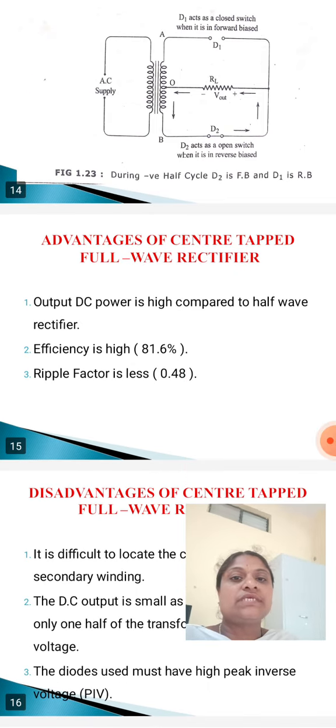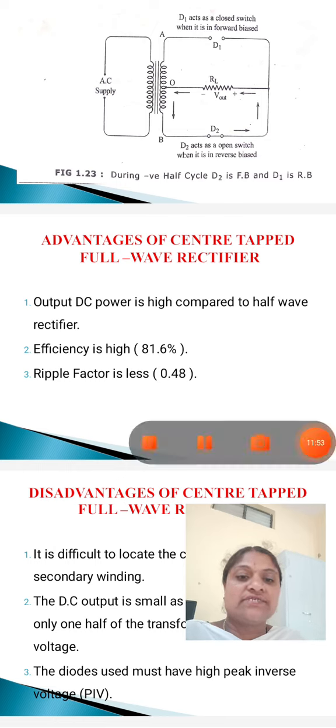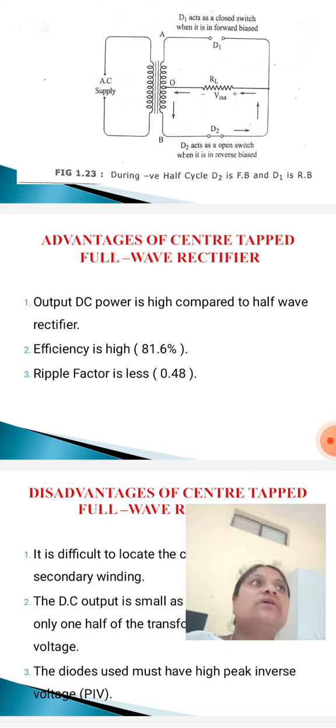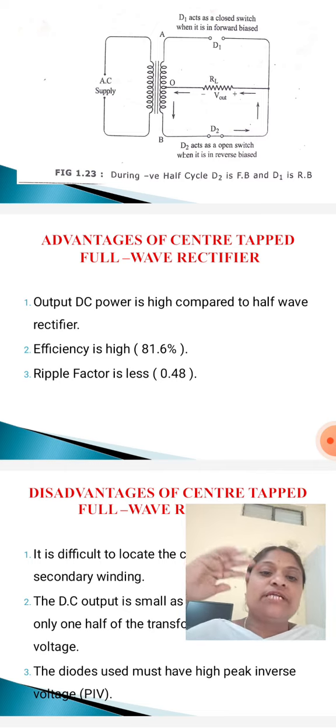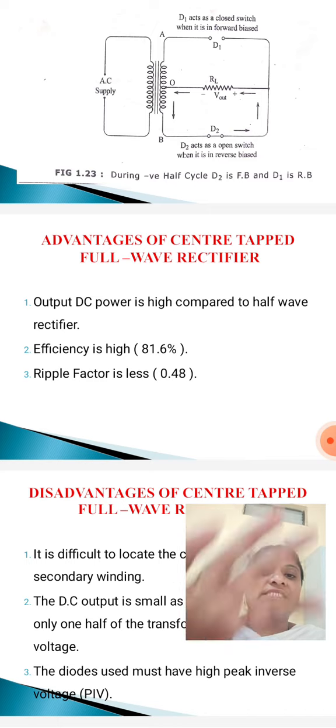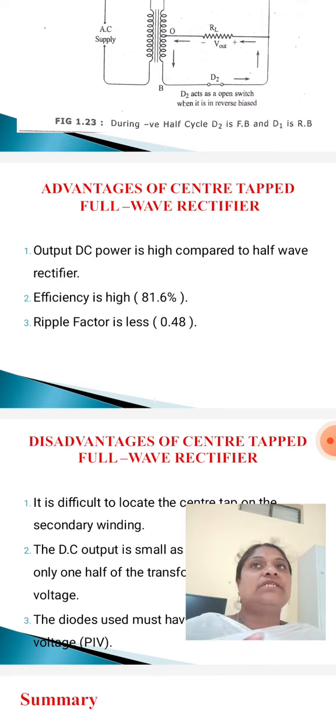Next, advantages of the center tapped full wave rectifier. The first advantage is that the output DC power is high compared to a half wave rectifier. The second advantage is that efficiency is high, 81.6%, compared to the half wave rectifier, whose efficiency is only 40.6%.